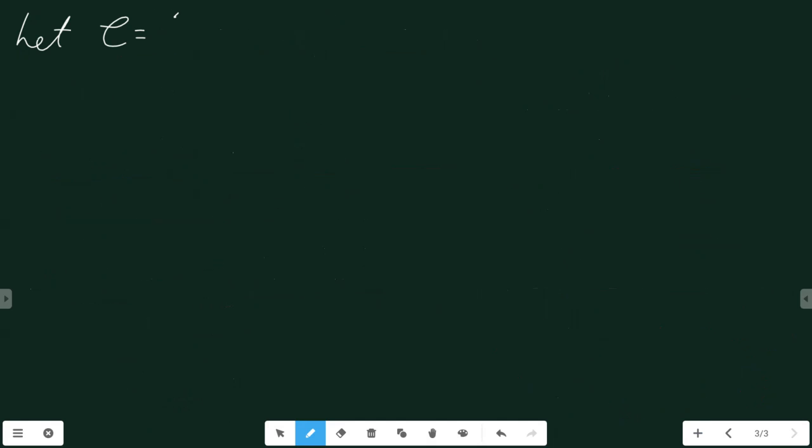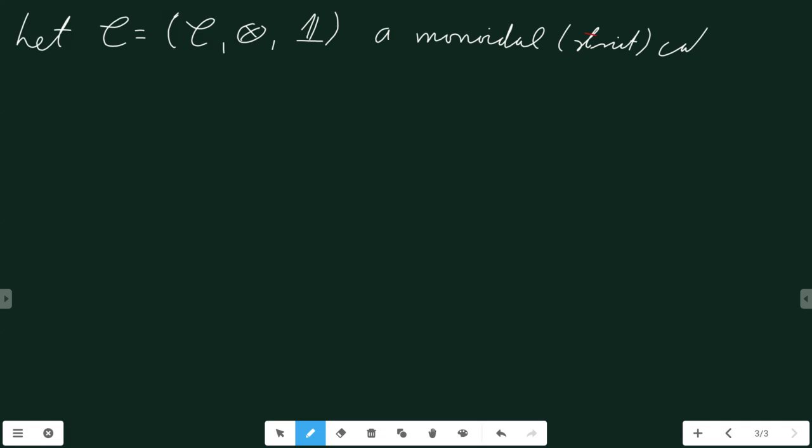And C always means I have tensor product and a monoidal unit, a monoidal category. And everything, I just write strict. It doesn't really matter, but I want a strict category. So strict is just terminology so that I don't have to worry about stupid associators.